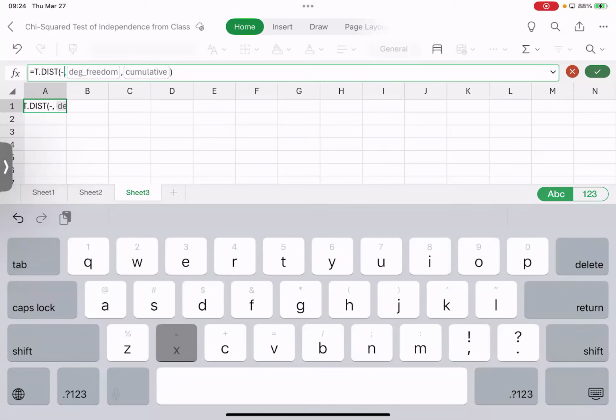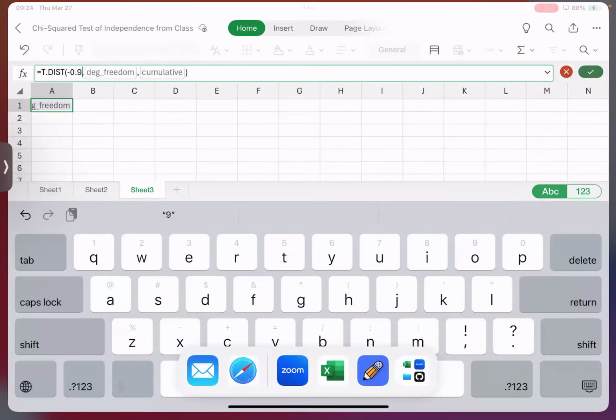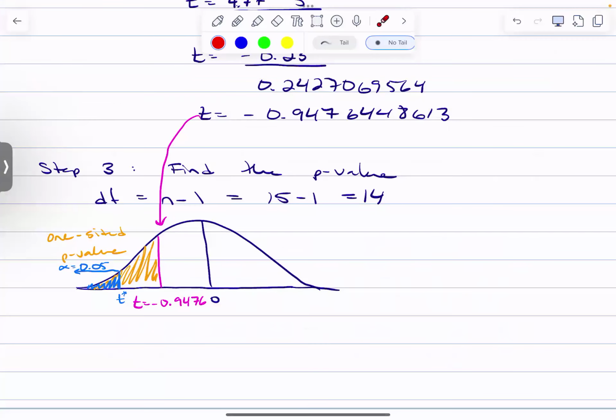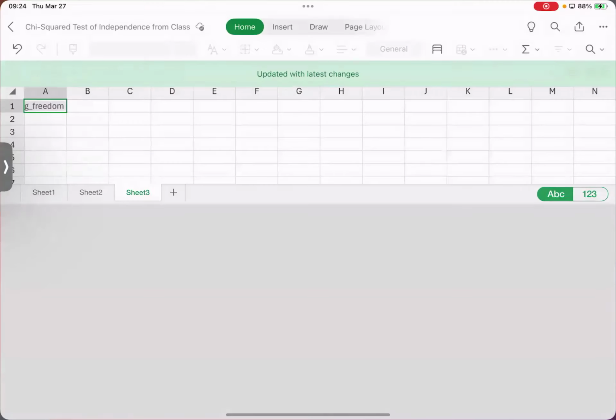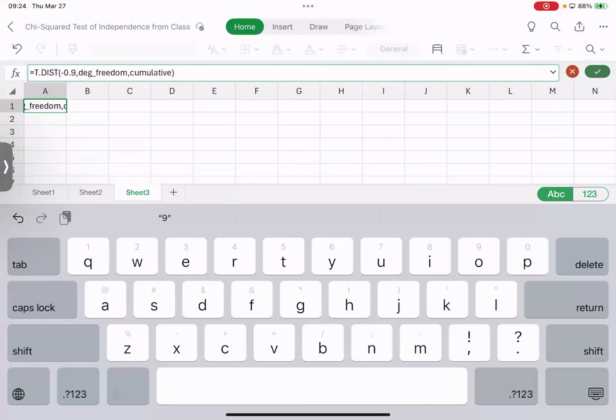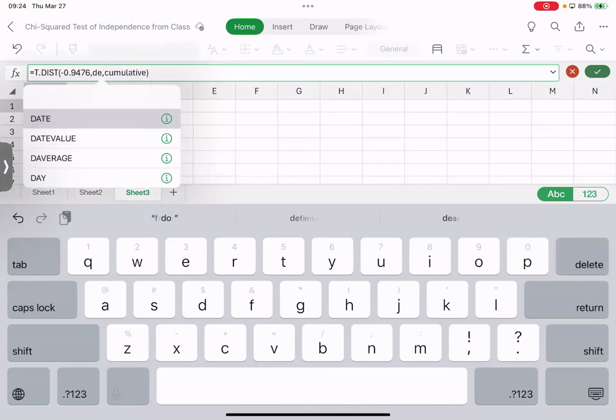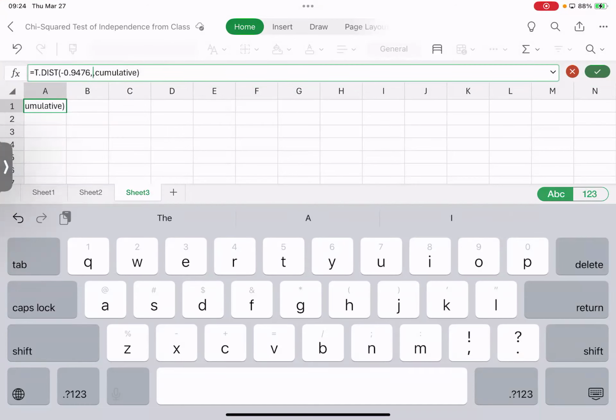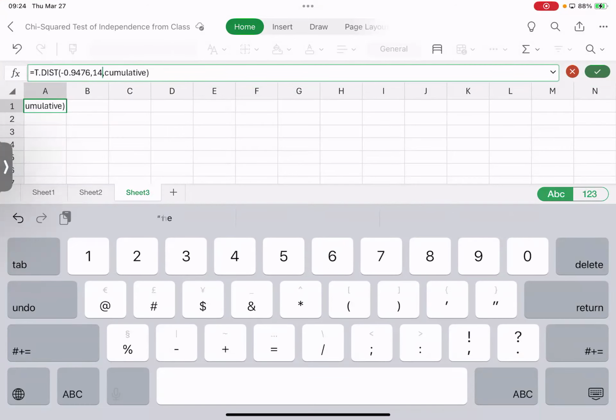Negative 0.9476. I need my degrees of freedom, which we found was 14, 15 minus 1. And cumulative will always be true, just like the normal distribution, because we always want up to and including that point.